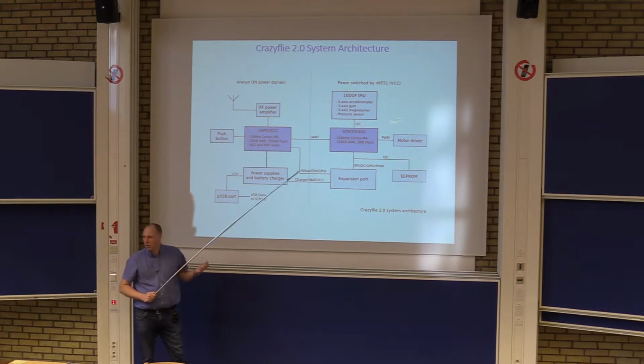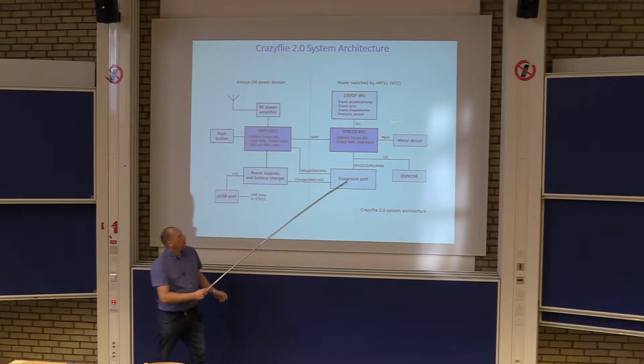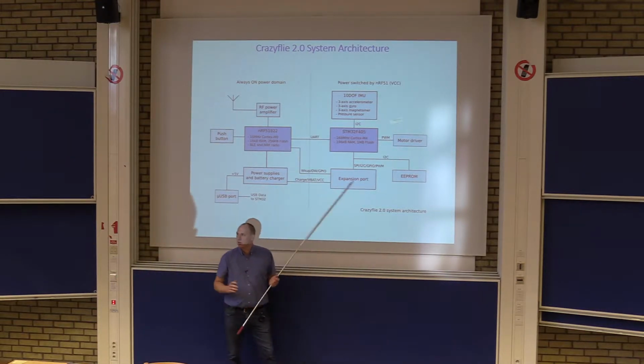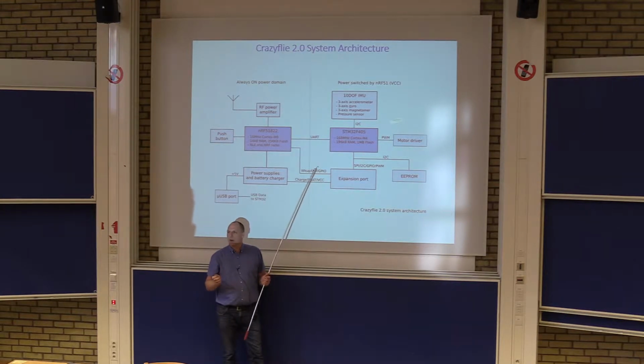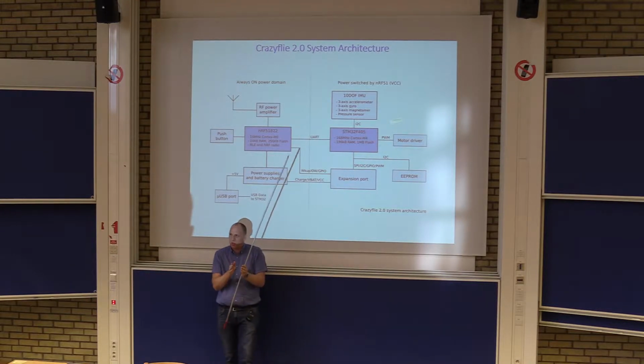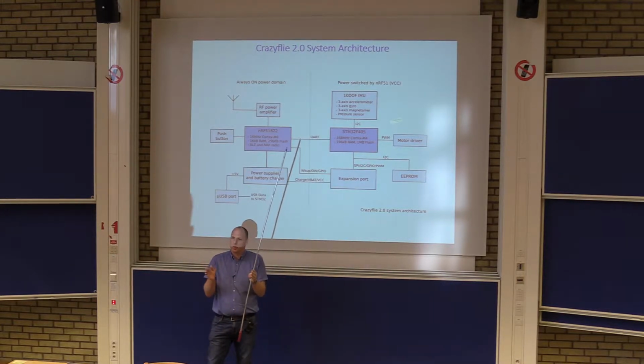With pulse width modulation, you decide what percentage of the time the motors will have power. So you have the main battery with a certain voltage, and by setting the percentage, or the duty cycle, of this pulse width modulation, you basically determine for what percentage of the time the motor will get the voltage from the battery.